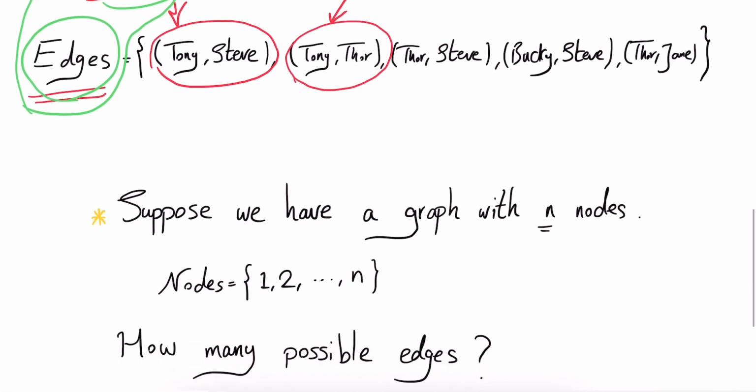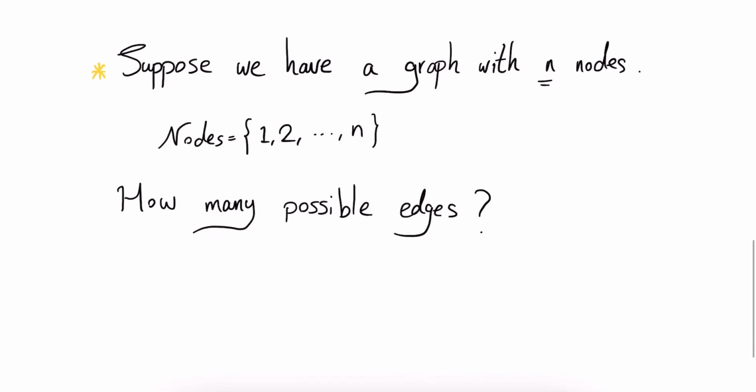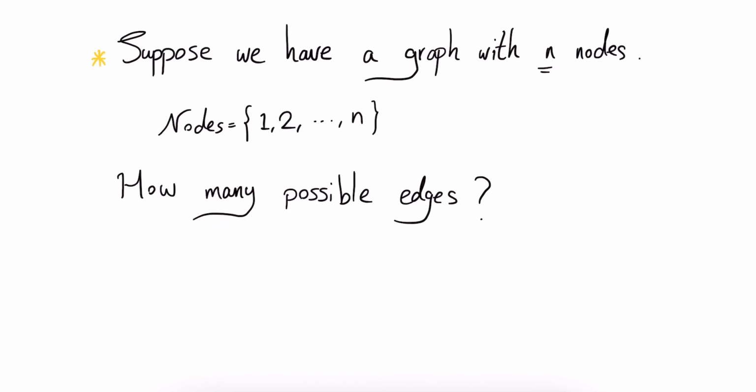Now that I've mentioned the basics of a graph, we move on to solve an example together. So suppose that we know our graph has n nodes. This is given in this problem.